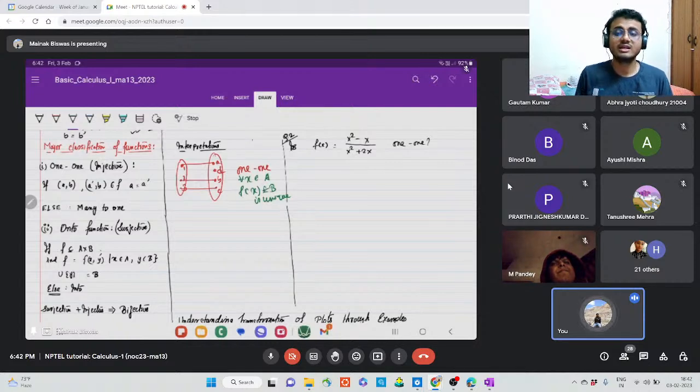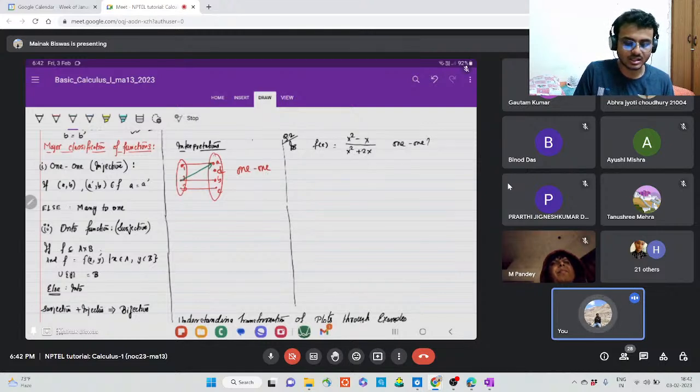Is that all right? So is this the 1-1 function? Let me draw it with two colors. The red one is a 1-1 function, but as soon as I put this, leave it. So this is a 1-1 function.